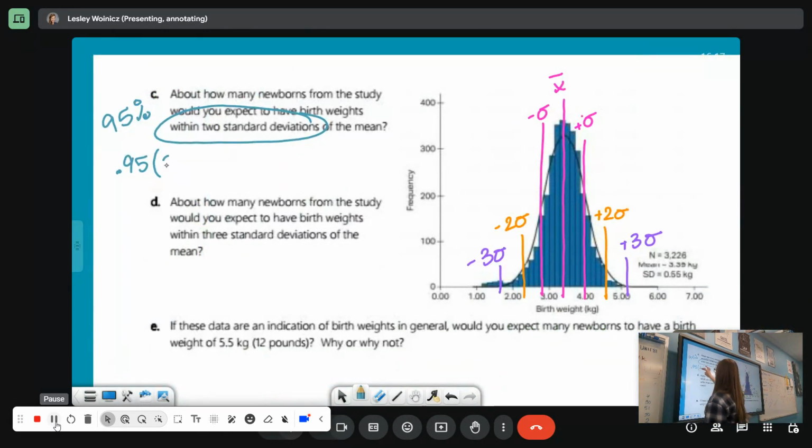So 0.95 times 3226 equals 3,064.7 babies.